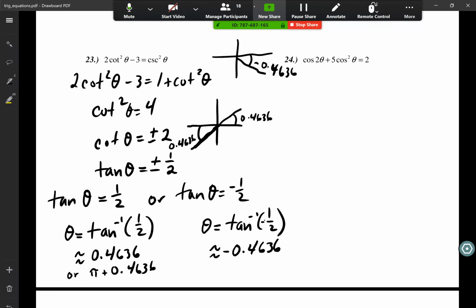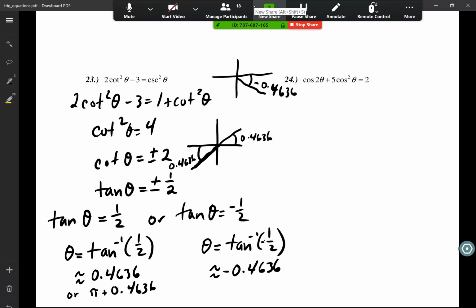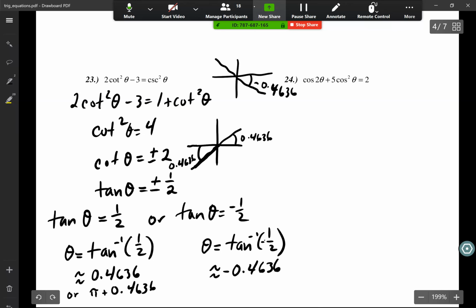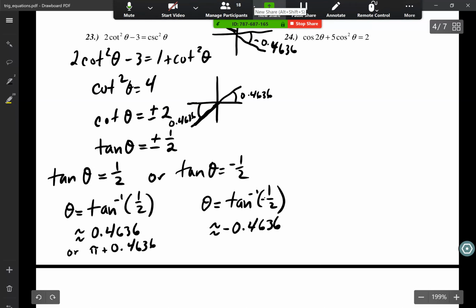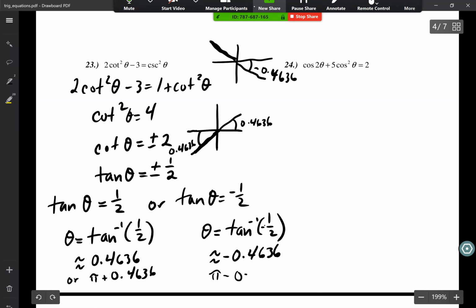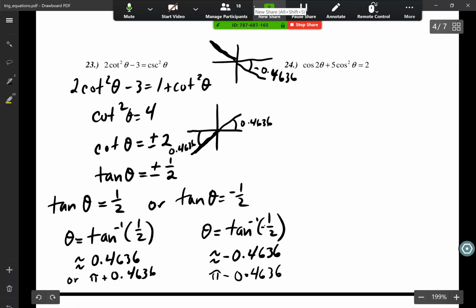So I have to use some knowledge to get the other angles for tangent. Well, I'm down here in quadrant 4. I know that tangent's also negative over in quadrant 2, right, up here. So I can get to that angle by adding pi to it. This would be your quadrant 2 angle.